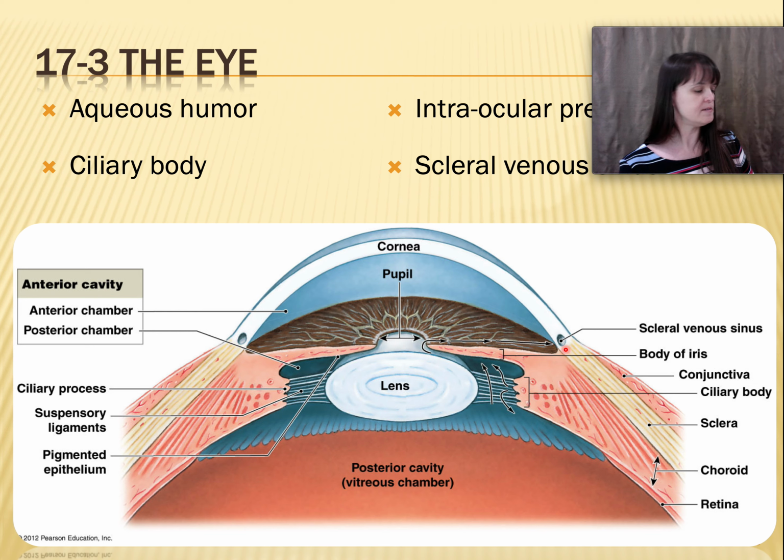All right. Vitreous body. Oh, I did want to say with glaucoma that the excess pressure, because the fibrous tunic of the cornea and the sclera is so tough, that you don't get any ballooning of the fibrous tunic. What happens is you start to push the axons of the ganglion cells out the optic disc.